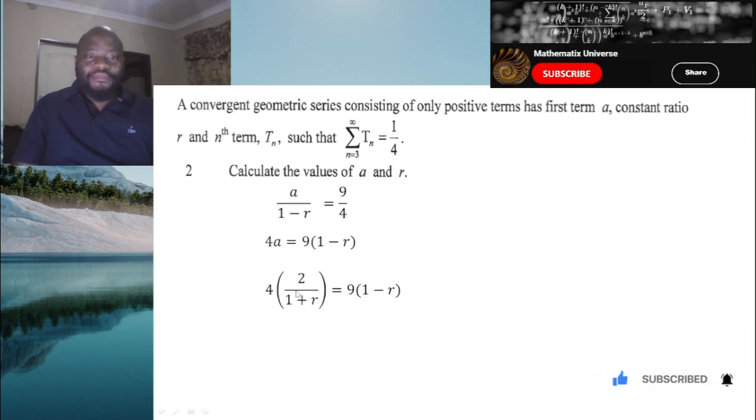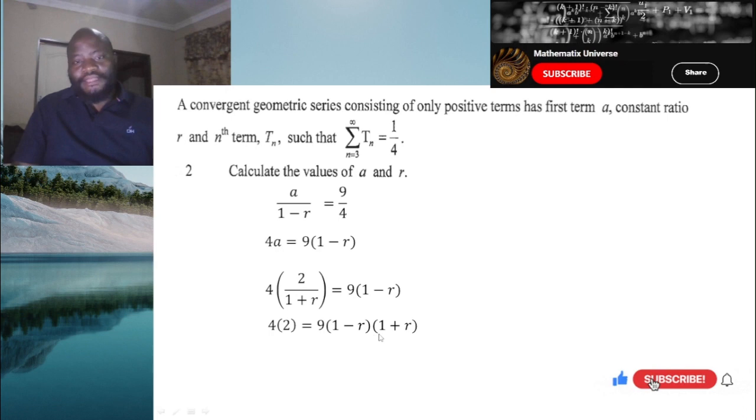Then now we multiply both sides by the denominator here. Then we're left with 2 multiplying by 4 equals 9 by 1 minus r multiplied by 1 plus r. Now notice these are factors of difference of two squares. So it means we can multiply them to get 1 minus r squared, and this is 8. So we have 8 equals 9 multiplied by 1 minus r squared.